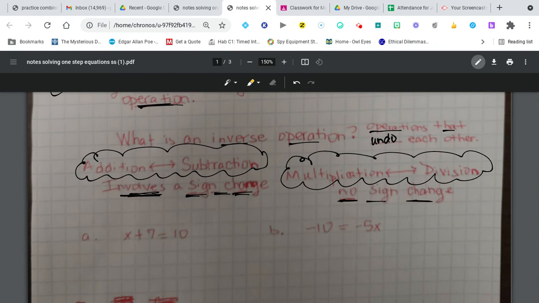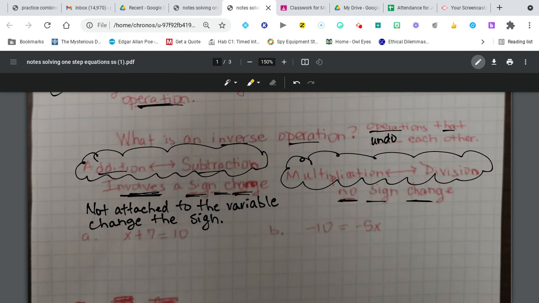Okay, I'm going to show you something too. If it's not attached to the variable, you just need to change the sign. Things that are not attached means that they are added or subtracted.